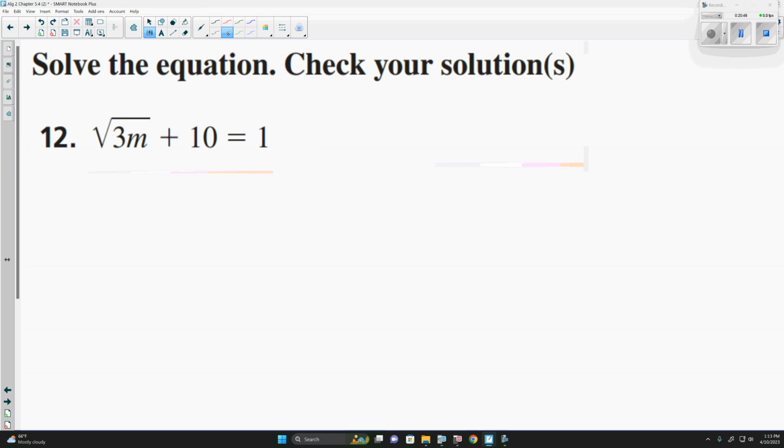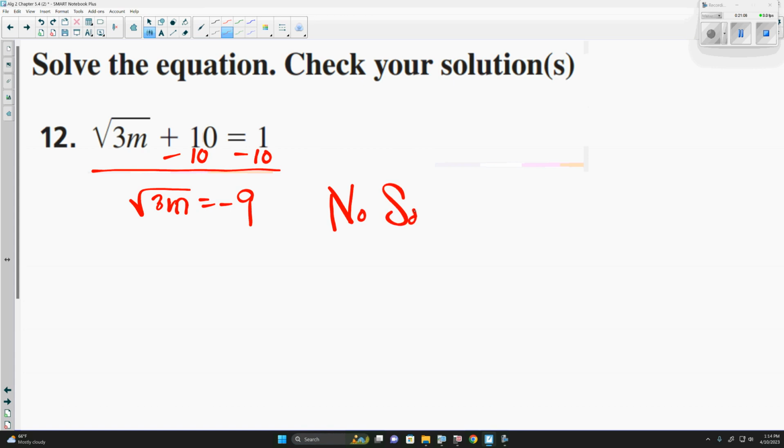Let's look at this one here. We have one radical. Need to get it by itself, so minus 10. Exactly. Because we have an even root that's completely by itself equals a negative number.